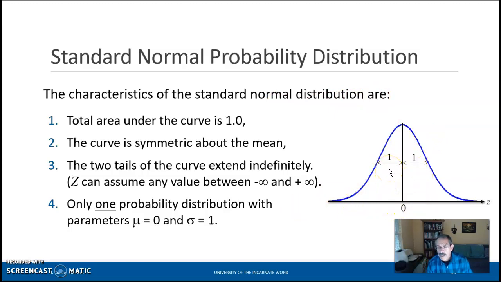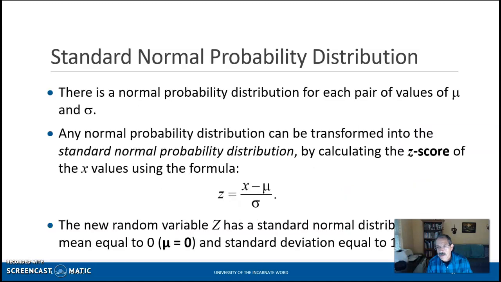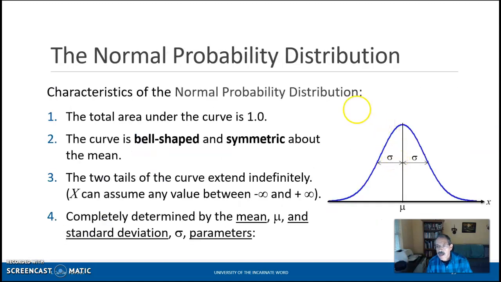Now, if you notice, when I show the standard deviation here, I show this line going from the mean to this point on the curve. This is called the first point of inflection. That's where the slope of the curve changes. So the distance from the mean to the first point of inflection, that distance corresponds to 1 standard deviation.